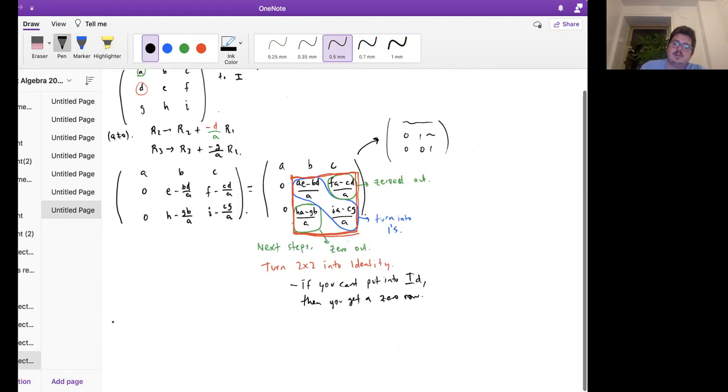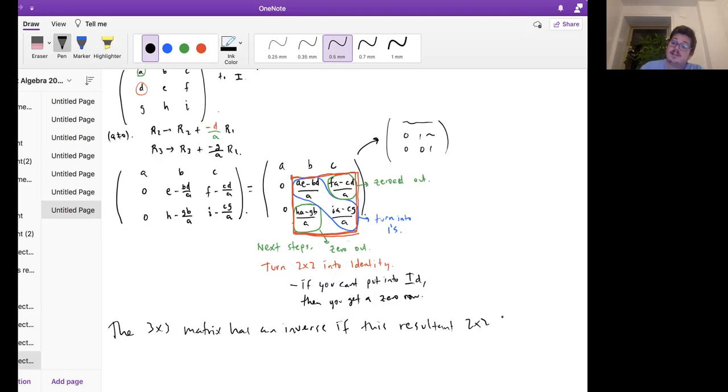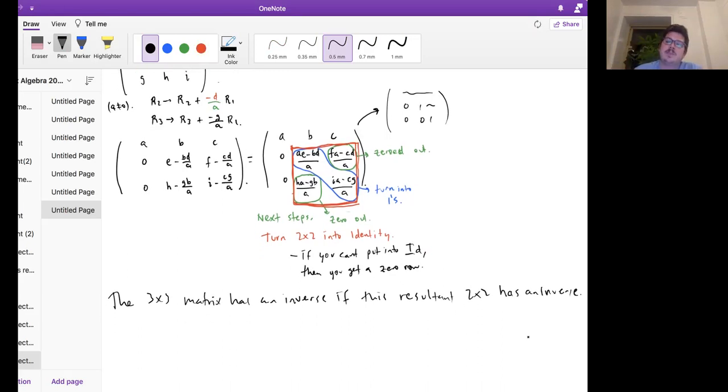So the 3 by 3 matrix has an inverse if this resultant 2 by 2 has an inverse. Correct. So we can turn our 3 by 3 problem into a 2 by 2 problem. Everyone see that?